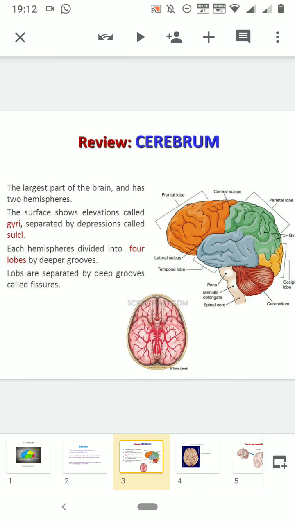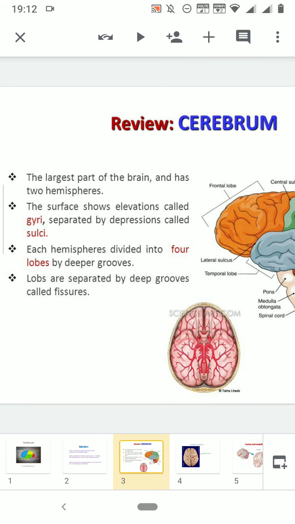It's the largest part, as I have already told you, and it has two cerebral hemispheres, and both the hemispheres are connected with each other by a band of white matter, the corpus callosum, which will be covered in a later class. The surface shows elevations, which are called gyri, separated by depressions, which are called sulci. So you can see sulci and gyri.